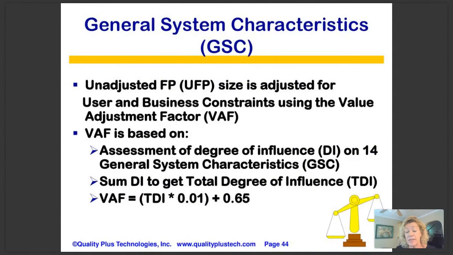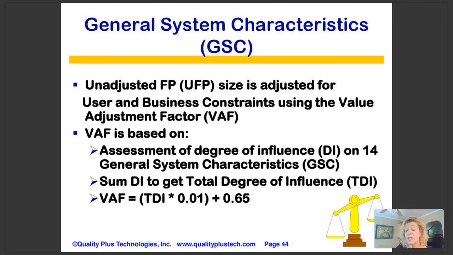General system characteristics. So far, we've counted the unadjusted function point size. When we're talking about functional size, that means unadjusted function points. My unadjusted function point size, we then adjust based on non-functional, which are considered user and business constraints.